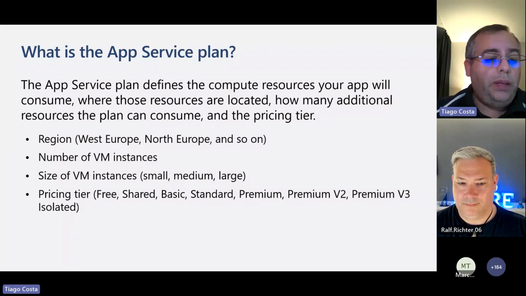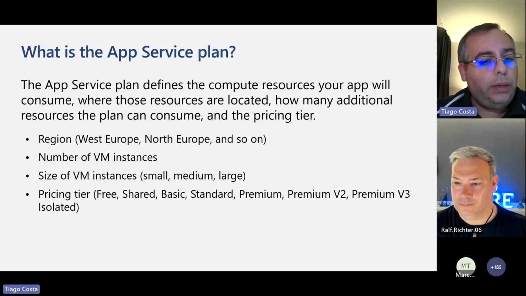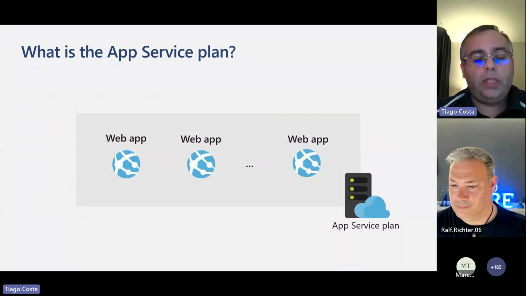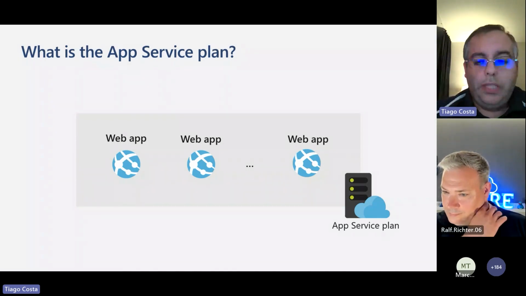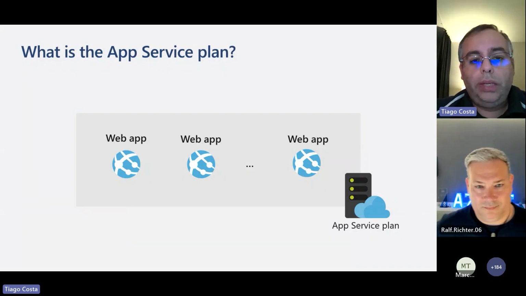There's a bunch of pricing tiers that range from free up to isolated, but we have a slide further on that we're going to cover that, so I don't want to spend that much time on it. But I want to go on this one here: we have this app service plan, all this box, and I have several web applications running in here.